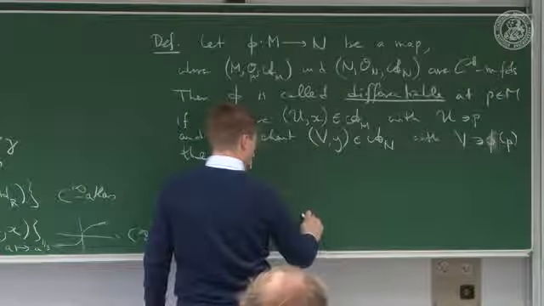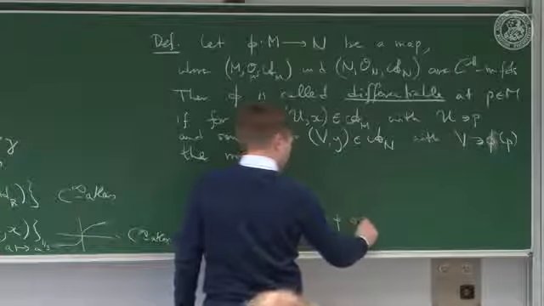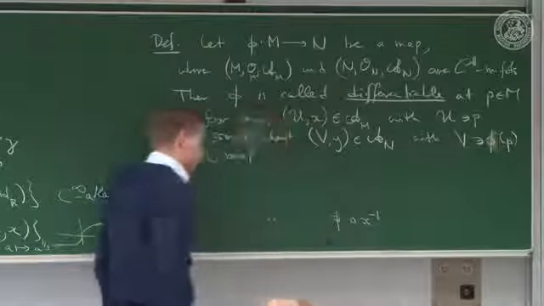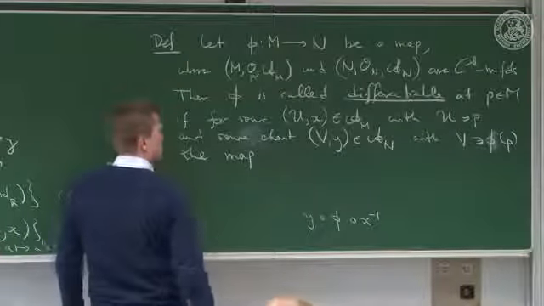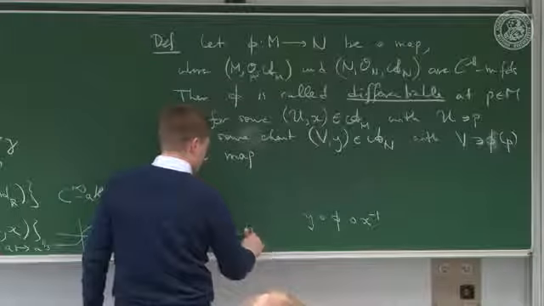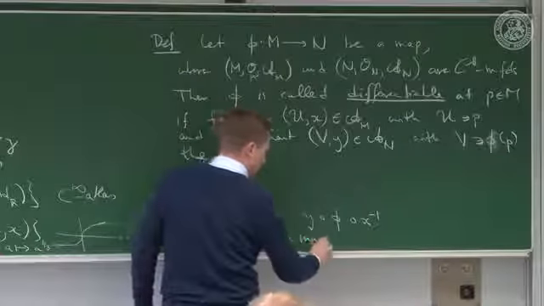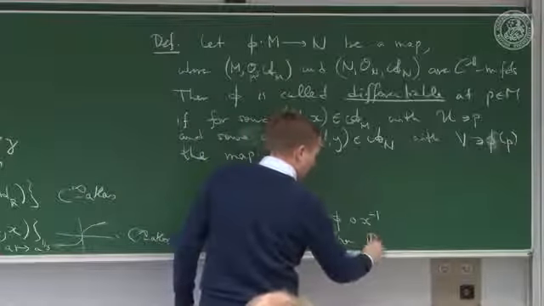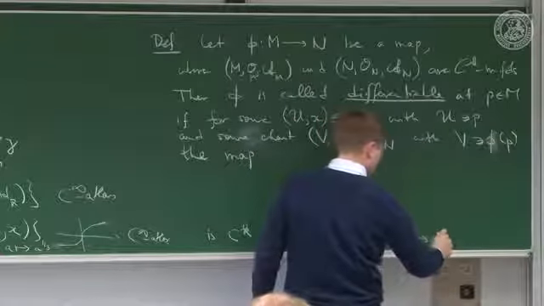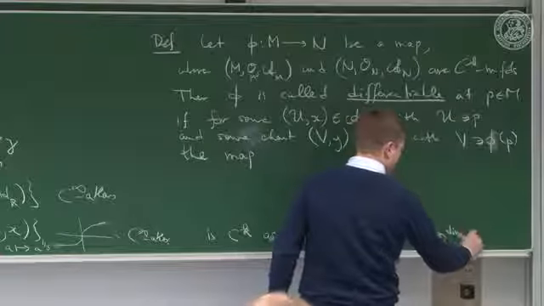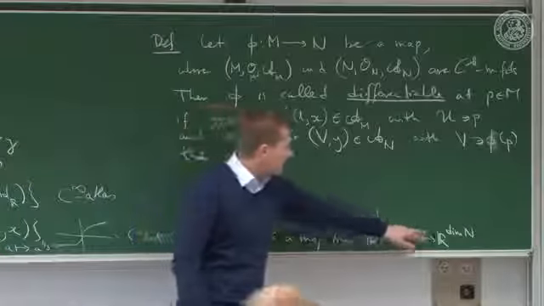The map y after phi after x inverse is CK as a map from R to the dim M to R to the dim N. So why is this map a map? So from R dim M to R dim N.